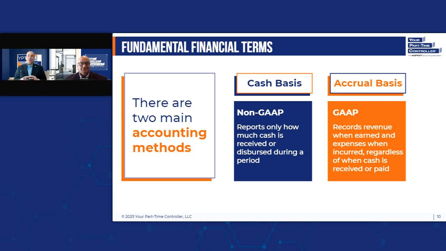Now, this sounds pretty simple, but one major issue is that this is not in accordance with GAAP. This does not follow our GAAP rules. That means if a financial statement is audited and it's presented on the cash basis, that financial statement cannot receive a clean opinion. Instead, what GAAP requires is the accrual basis.